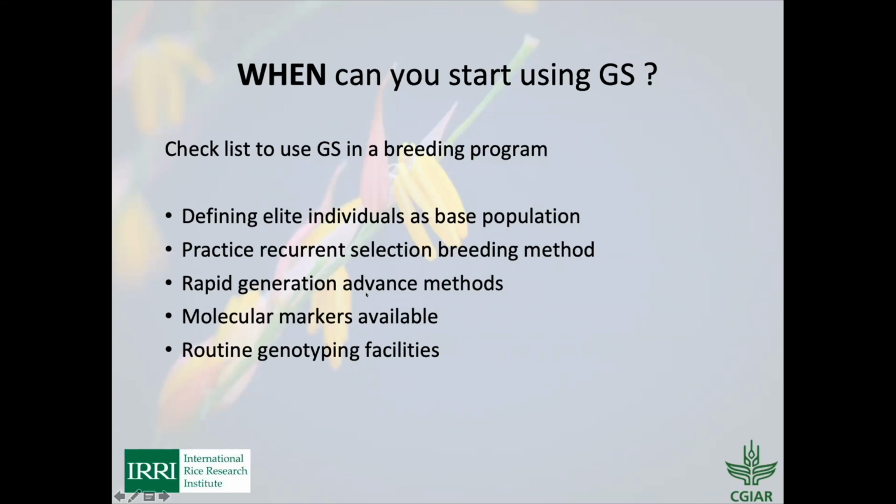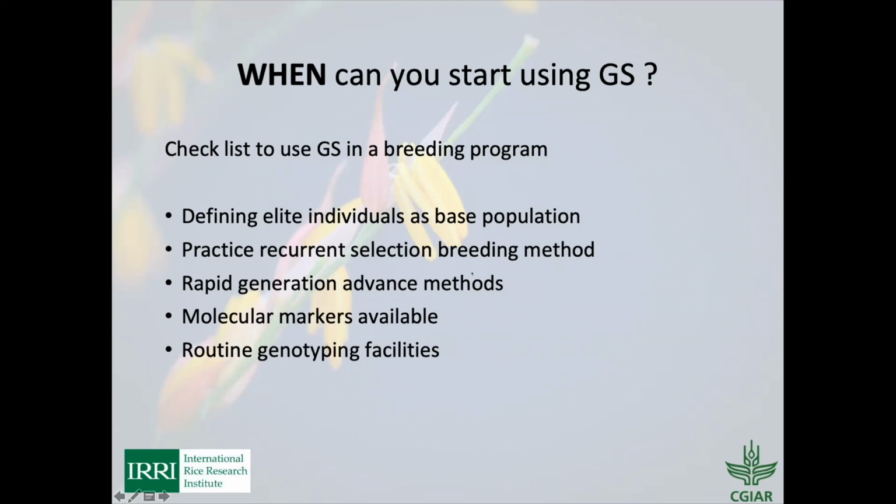I'm sure there'll be more, but at least as major points, we first have to define elite individuals or establish a base population. As I mentioned before, in the recurrent selection scheme, we need to have a base population defined. And then we have to start doing recurrent selection. We have to make crosses within this population and not go into diverse individuals at some point.